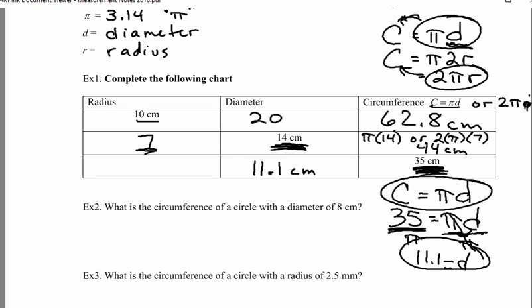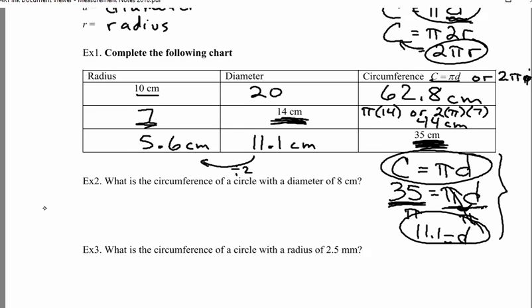Which means, how do I get radius? Radius will be half of the diameter. Half of 11.1. Double check it. I'm pretty sure I know it, but I don't want to make a bonehead. We get 5.6 rounded centimeters.